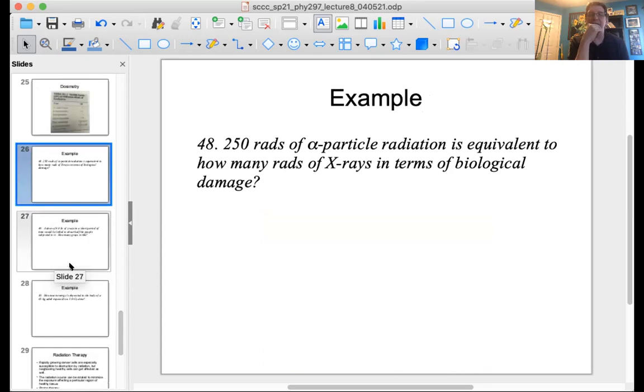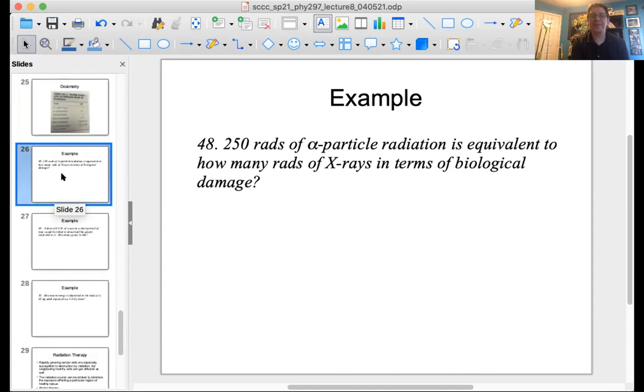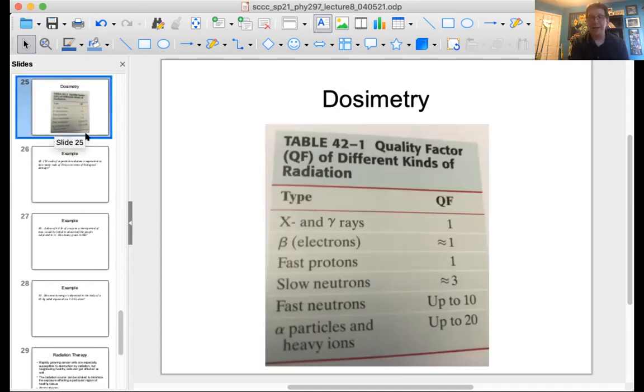250 rads of alpha particle radiation is equivalent to how many rads of X-rays in terms of biological damage? So let's assume the Q factor is 20. And so you're basically multiplying the 250 rads of alpha particle radiation by 20, again, going to this quality factor.